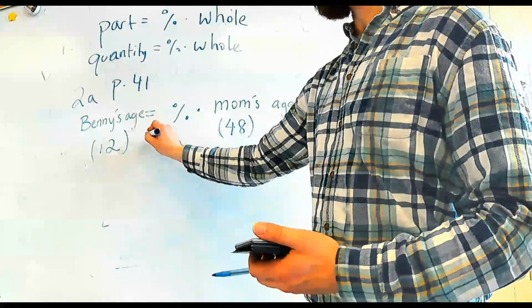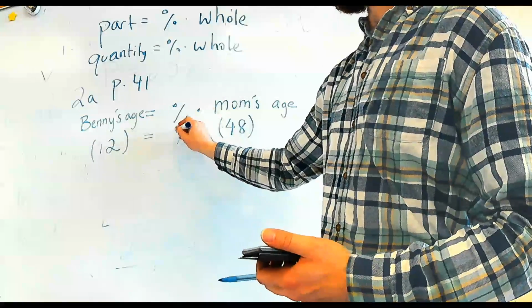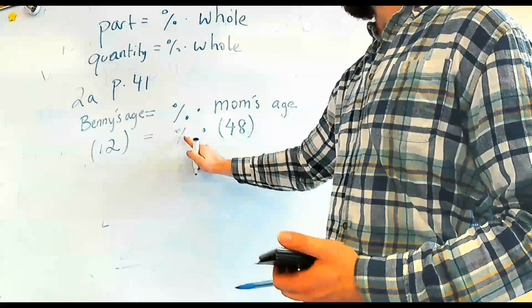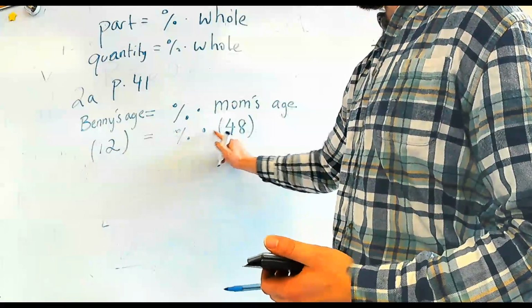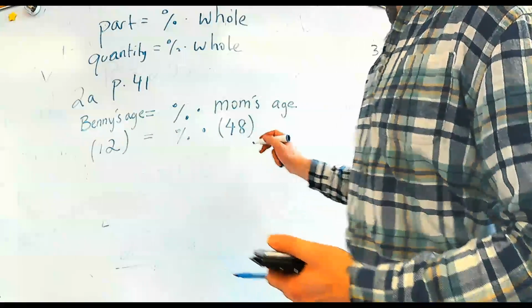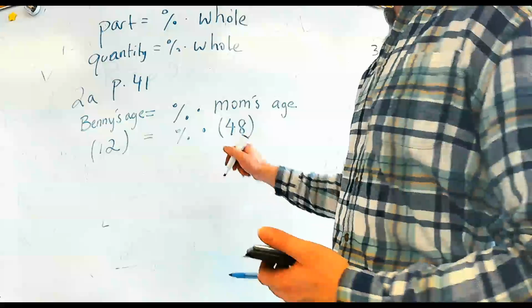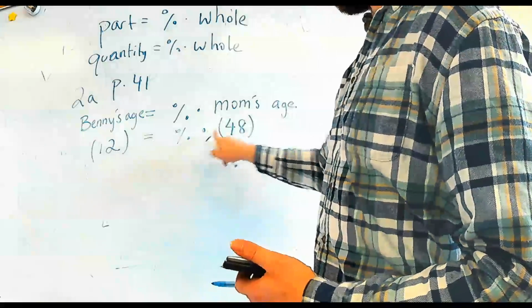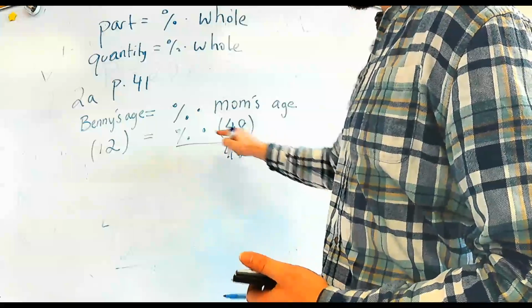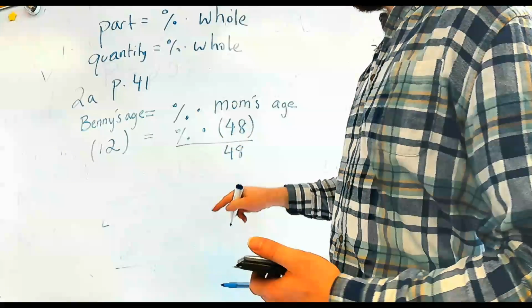So Benny's age is what percent of his mom's age? 12 is equal to what percent of, that's multiplication, 48. We're going to solve it the same way as last time. 12 equals percent times 48. We divide by 48, since that's the opposite of multiplying by 48.